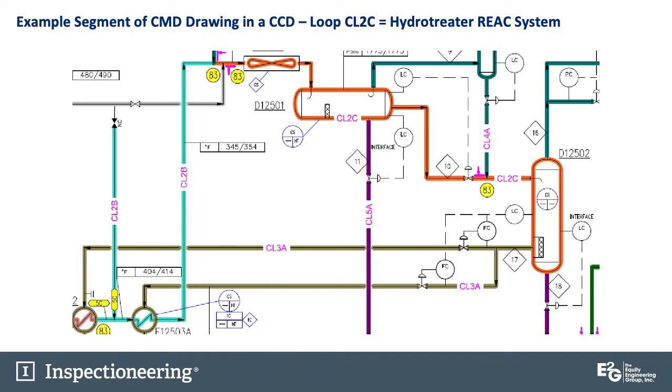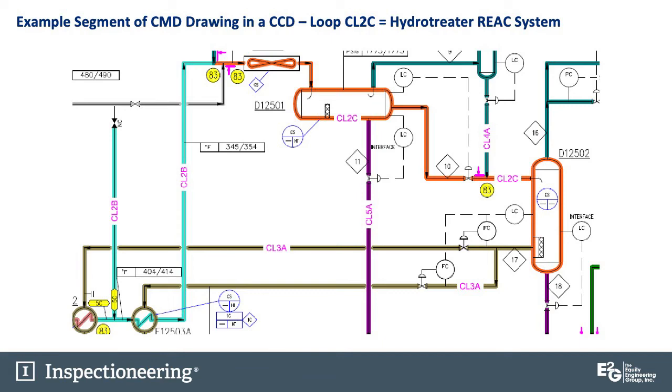Okay, so I mentioned that CCDs will have these loop drawings or system drawings that break portions of the refinery unit into areas where common forms of damage are likely to be present in the loop, and fairly common operating or process conditions exist in the loop.